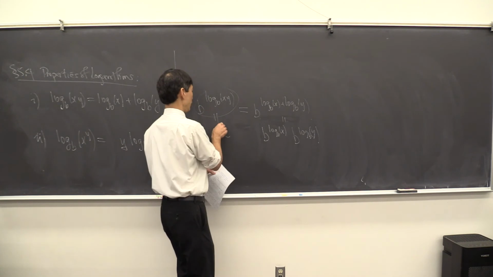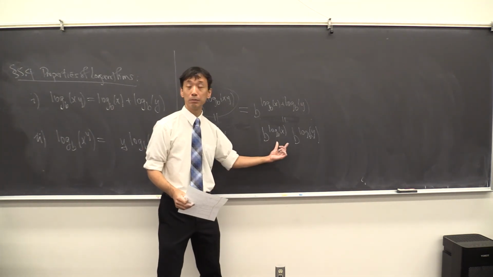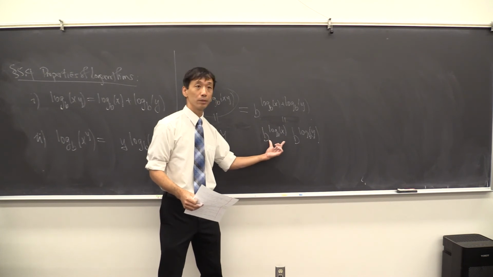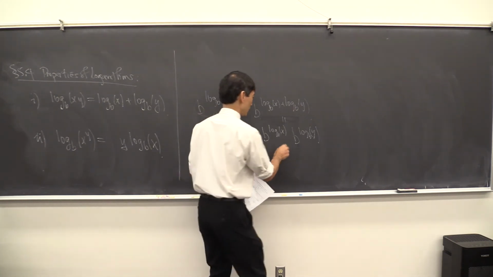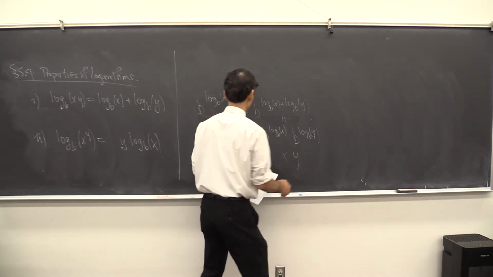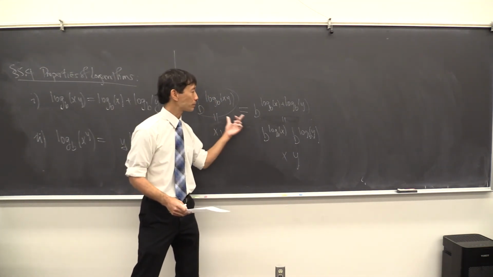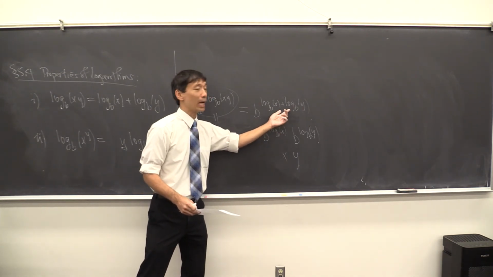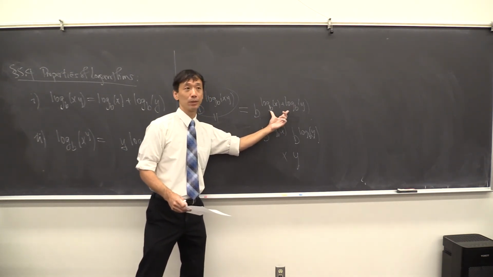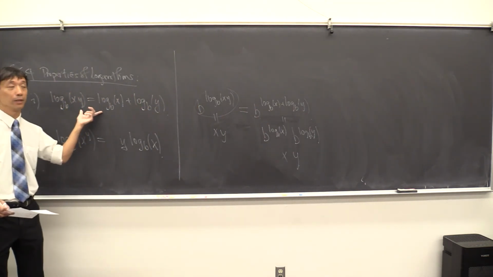So this thing on the left is xy, and this thing on the right is, well, what's this? You should be able to tell me just like that. b to the log base b of x is x, and this is y, so xy. This is just an application of a property of exponents. So that's how you get this thing over here.